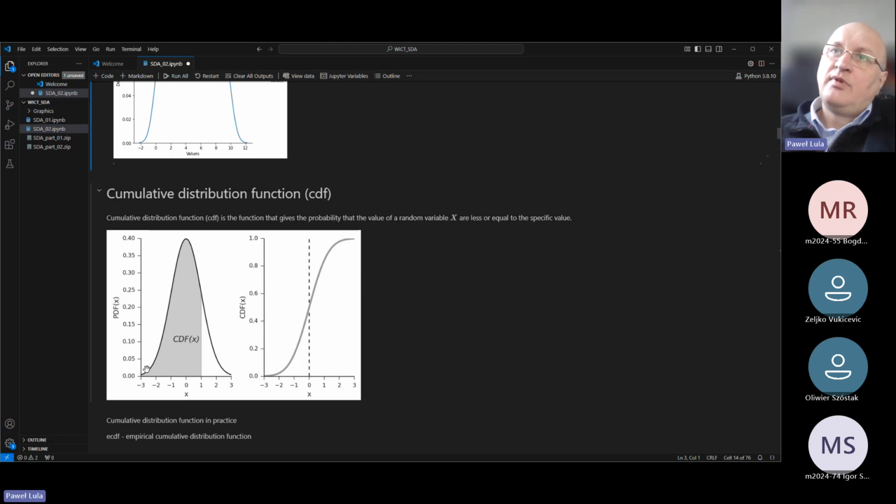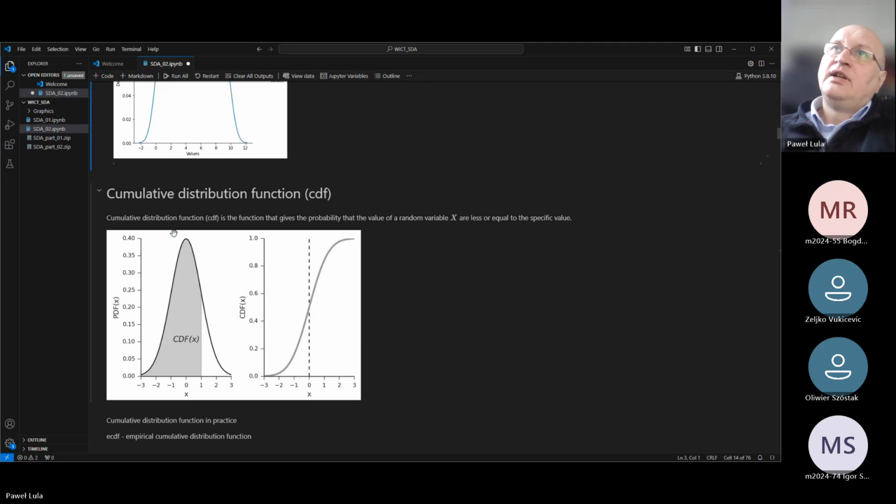For example, we have a probability density function, and we know how to calculate the probability that a value of this variable is between -1 and +1. We should draw these lines and calculate the area under this curve in this interval from -1 to +1.